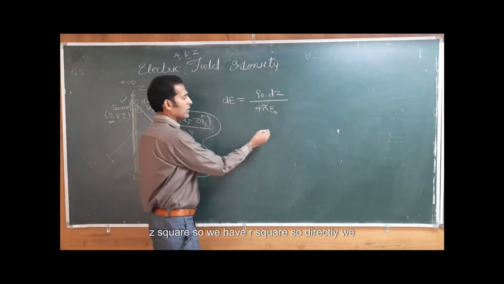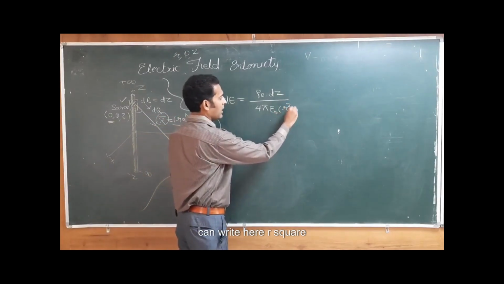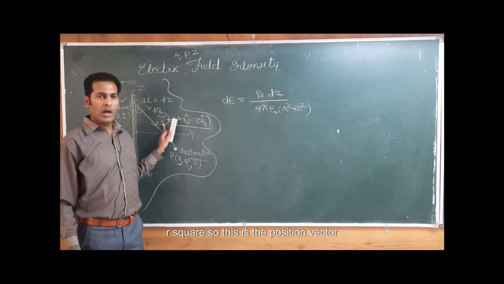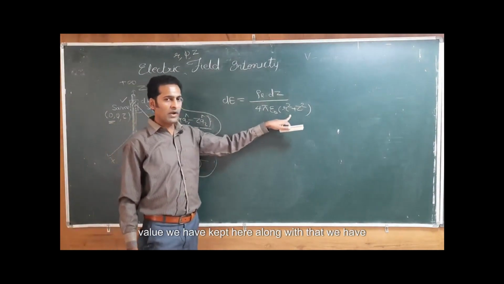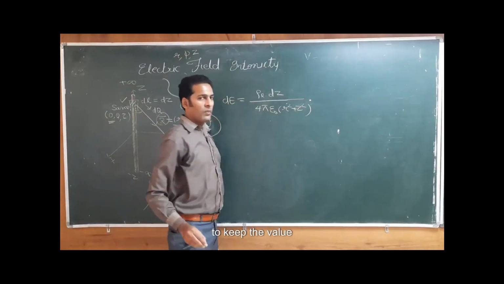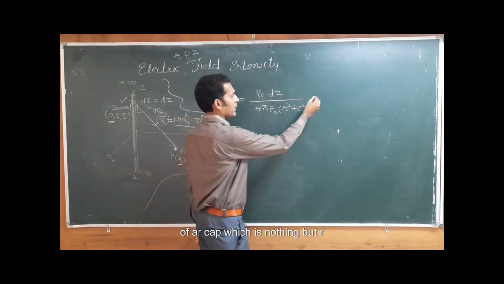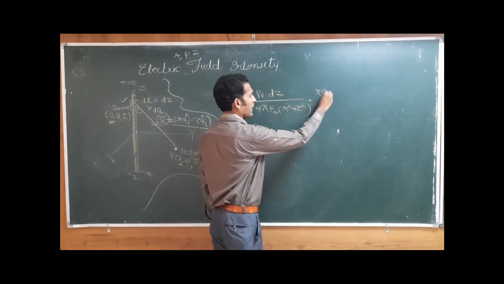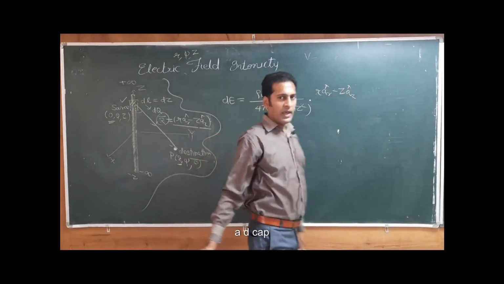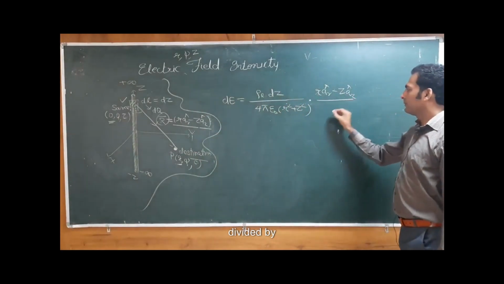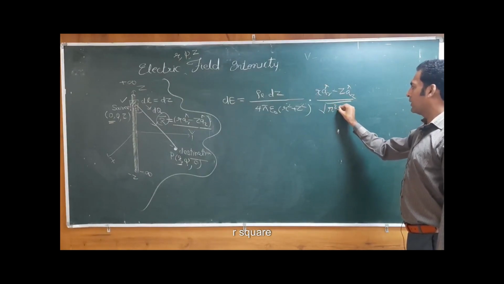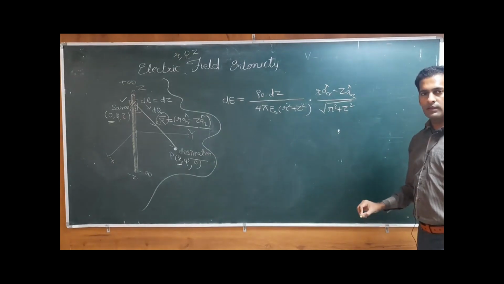So we have r square, so directly we can write here r square plus z square in place of r square. So this is the position vector value we have kept here. Along with that we have to keep the value of ar cap, which is nothing but r cap minus z az cap divided by square root of r square plus z square.